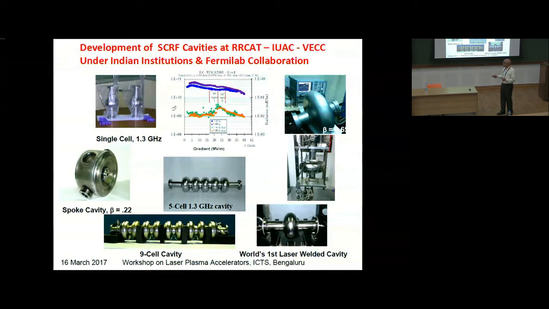This was completely done at IUAC. And then single cell beta 0.6 cavities were designed by the VECC-Fermilab collaboration, machined at VECC and welded at IUAC. This also performed very well. It has surpassed the design figures.